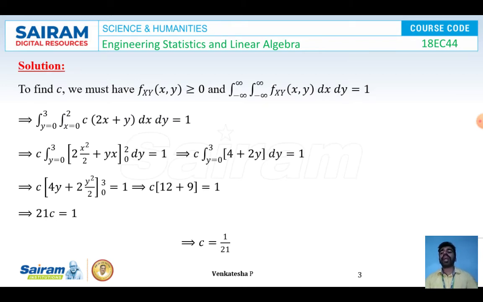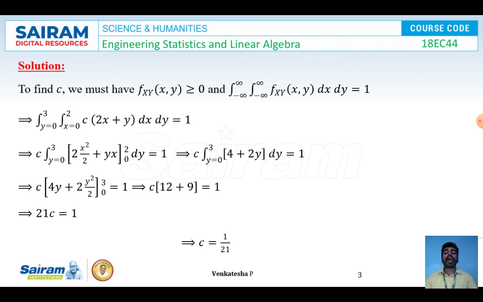So to find the value of constant c, we must have f(xy) of x comma y greater than or equal to 0. I mean the joint PDF must be non-negative here, and the double integral, it varies from minus infinity to plus infinity, f(xy) of x comma y dx dy is equal to 1.